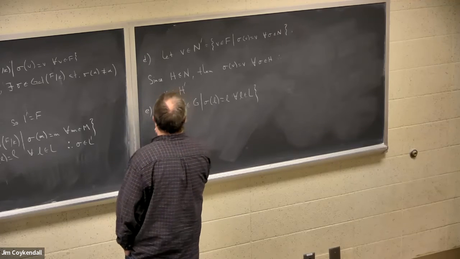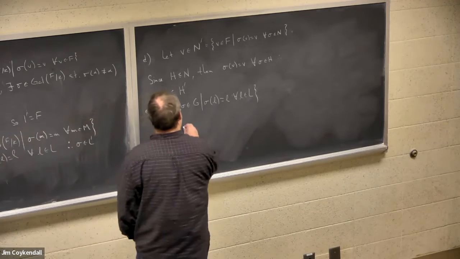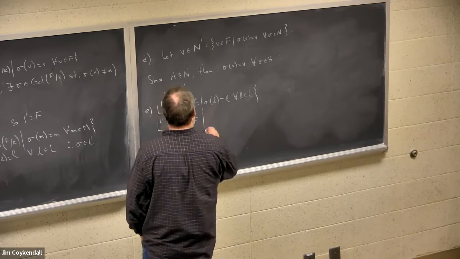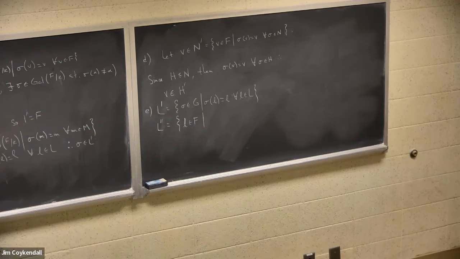Now notice, of course, this is a group, and so L double prime is back to being a field. And it is the set of L in F such that sigma L is L for all sigma in L prime.